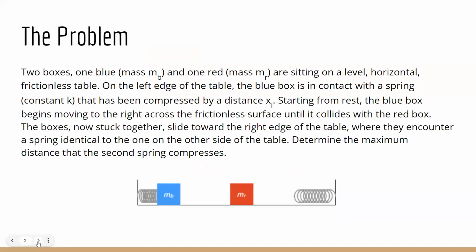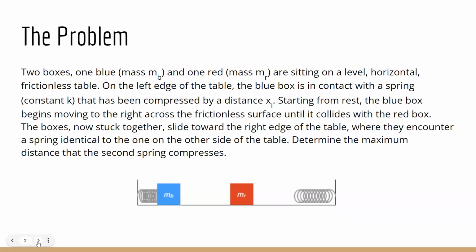Okay, the problem. Two boxes, as you can see below, the blue and red one, are sitting on a level, horizontal, frictionless table. On the left edge of the table, the blue box is in contact with a spring, which is represented by the constant K, and has been compressed by a distance of xi.